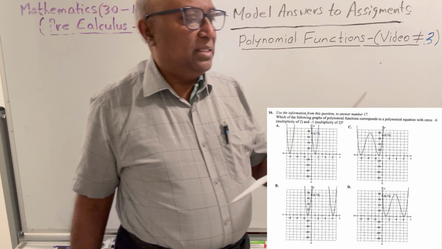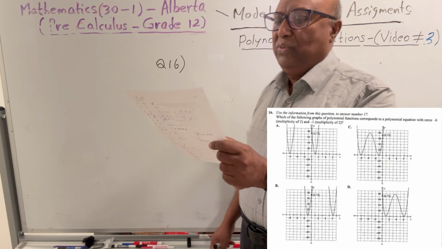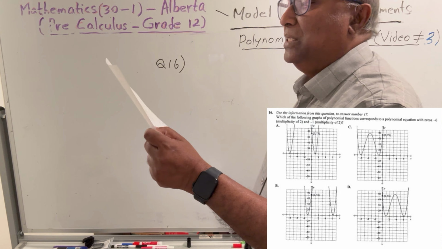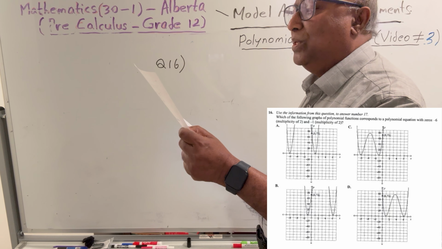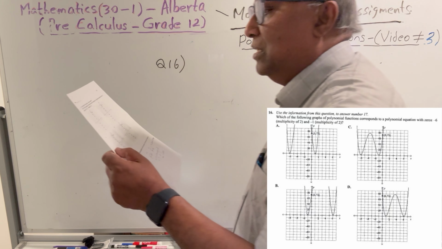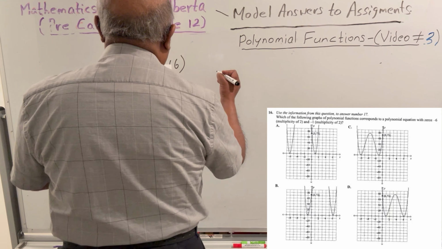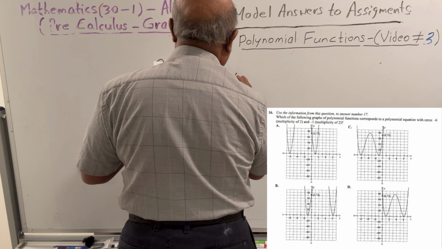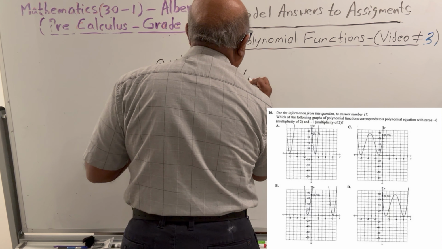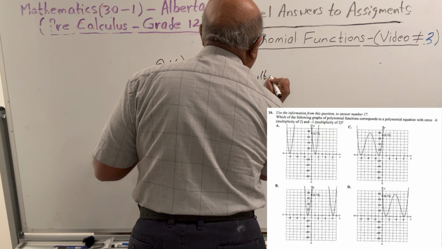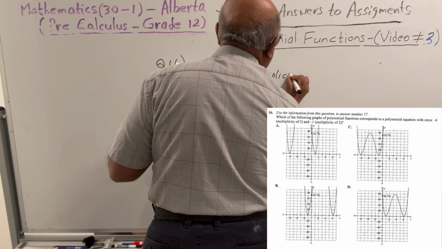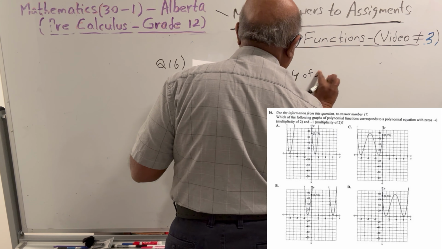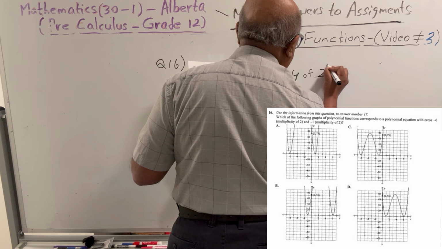But under question 16, they say, which of the following graphs of the polynomial functions corresponds to an equation with zeros -6 with multiplicity of 2, that is one condition.